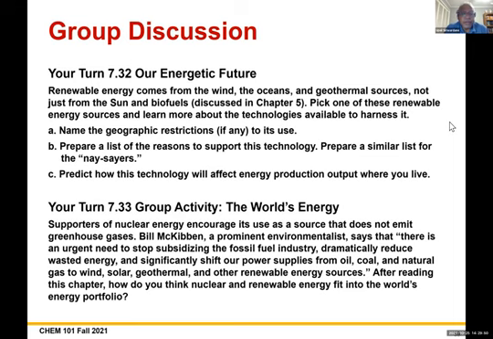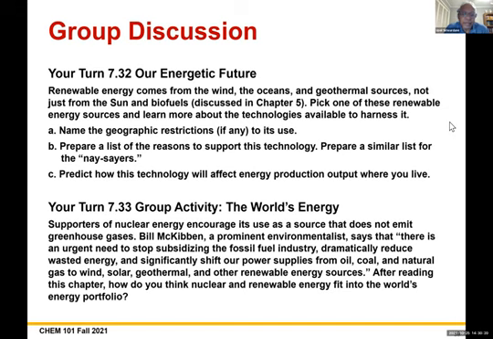Supporters of nuclear energy encourage its use as a source that does not emit greenhouse gases. There is an urgent need to stop subsidizing the fossil fuel industry and dramatically reduce wasted energy, because fossil fuels release a lot of energy while heating steam.